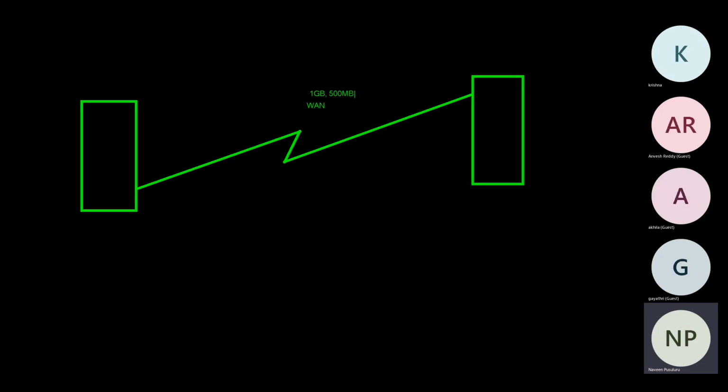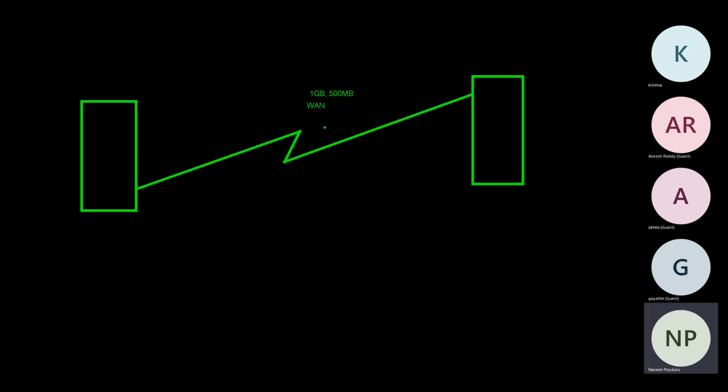So if you don't mention throttle for the SnapMirror, it will utilize as much as is available in the WAN. For example, if 1 GB is available, it will try to utilize 1 GB to transfer the data.